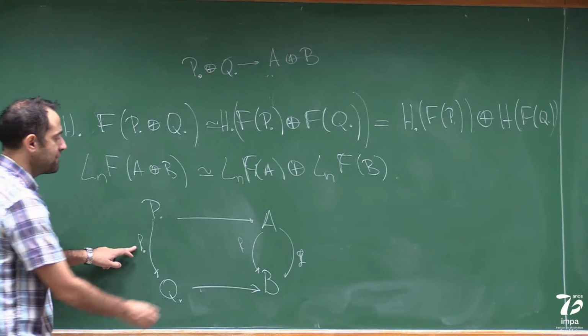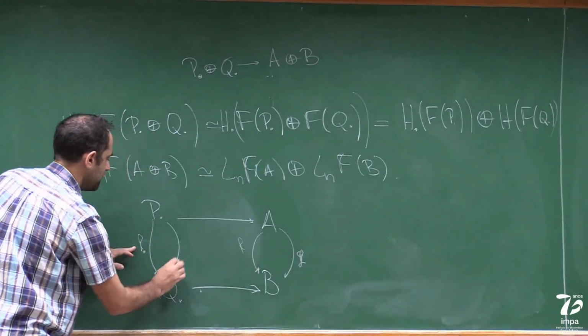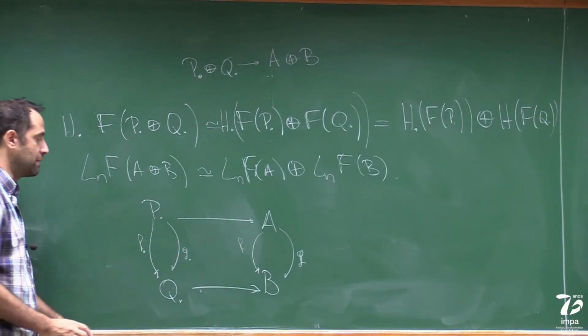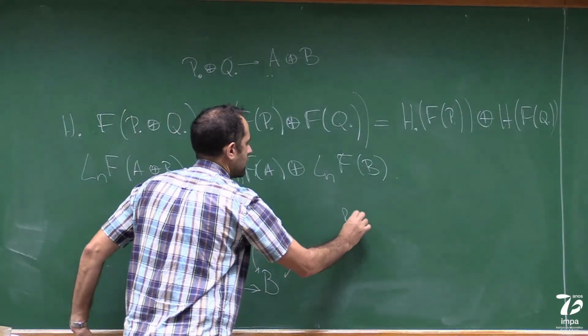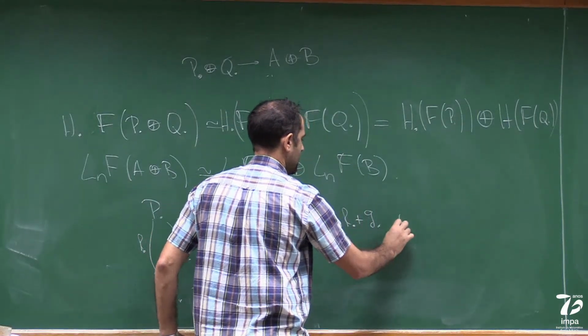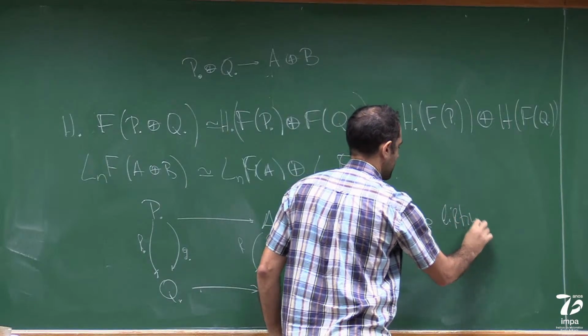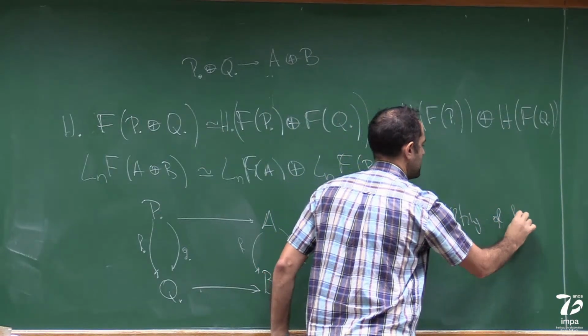But now if I have a lifting of f and I have a lifting of g, then their sum is a lifting of f plus g. So f-dot plus g-dot is a lifting of f plus g.